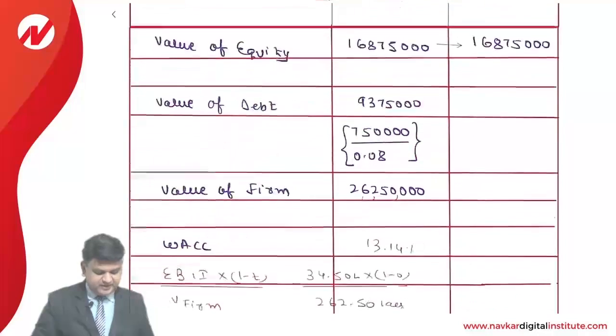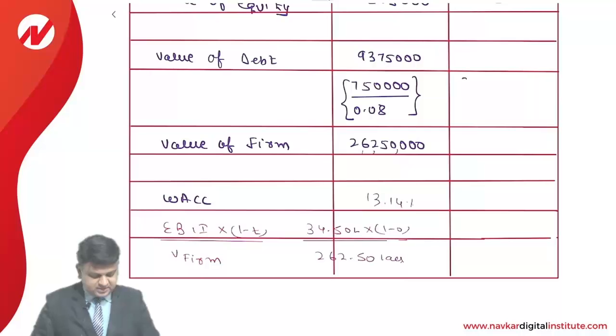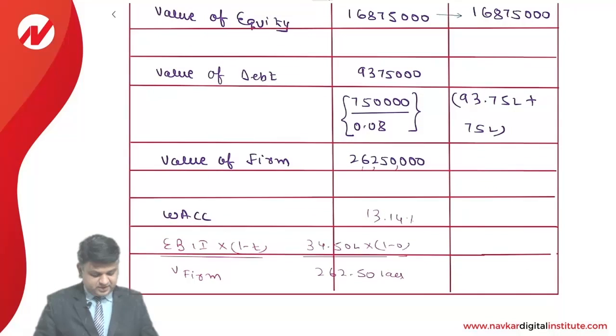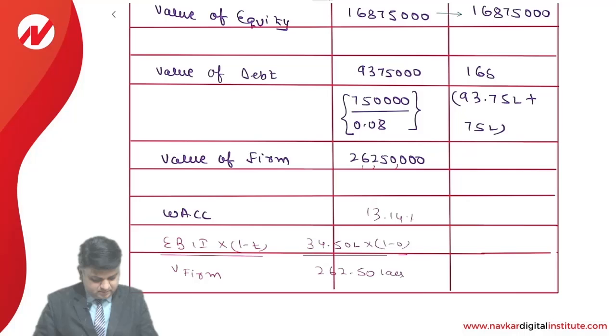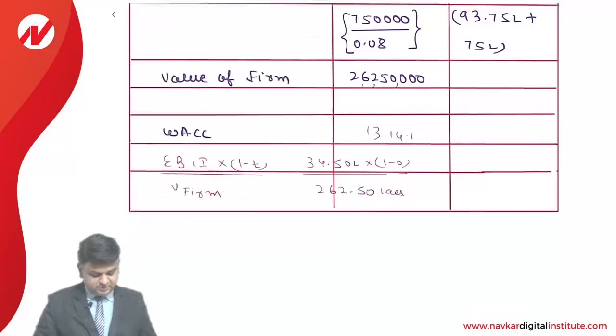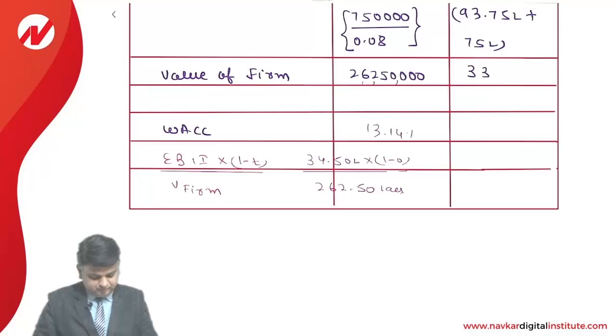As far as the value of the debt is concerned, it is 93,75,000 plus an amount of 75 lakhs. So 1,68,75,000 once again. Okay. Value of the firm would be 3,37,50,000.